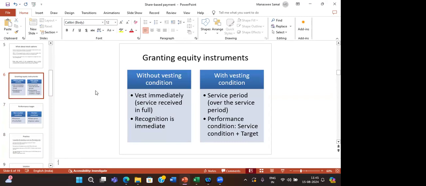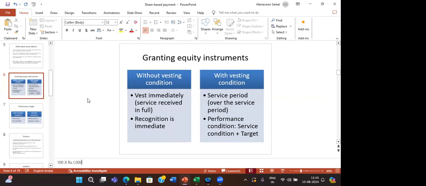Suppose you are giving 100 shares to one employee, and today the fair value of the share, that is the ruling market price, is say rupees 1000, just a small example. Because this employee has worked with you for the last 2 years, today you are issuing these shares to this person.